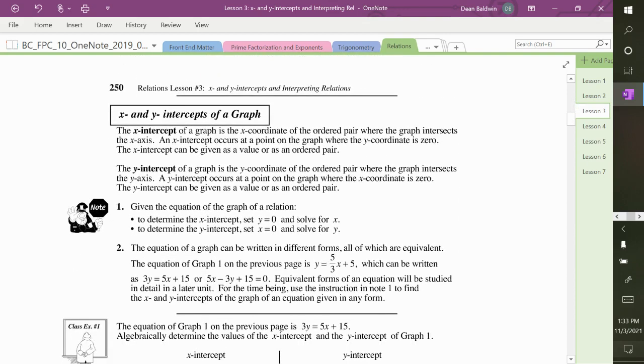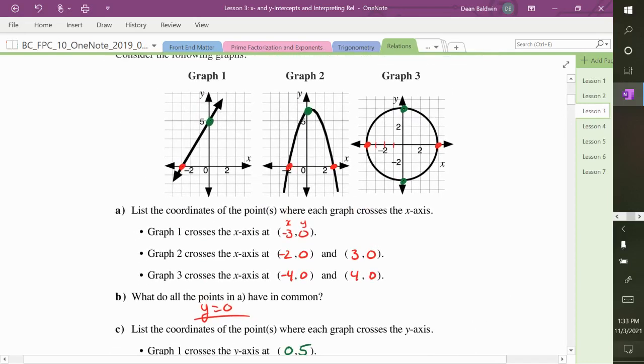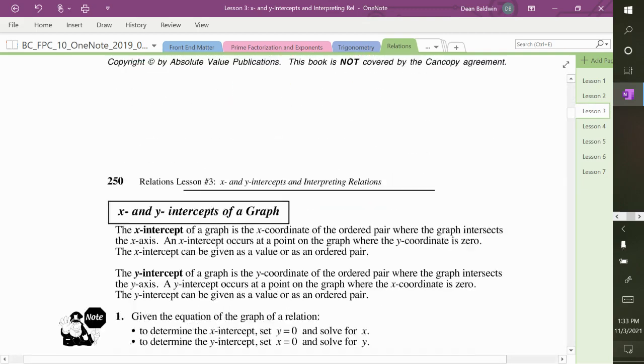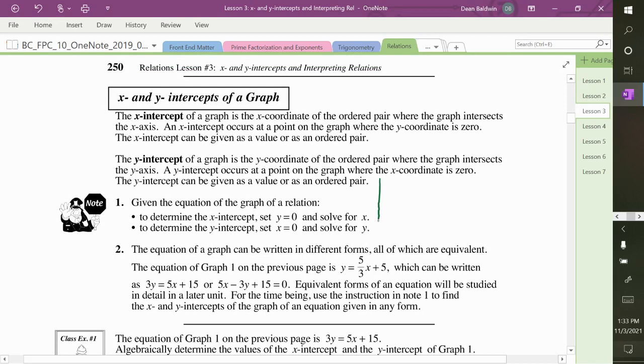These are known as the x and the y-intercepts. Where they cross the x and y axis are called the x-intercept, where it crosses the x-axis, and where it crosses the y-axis, the vertical one, called the y-intercept. What you need to remember is, I'm going to write it in this little spot right here.